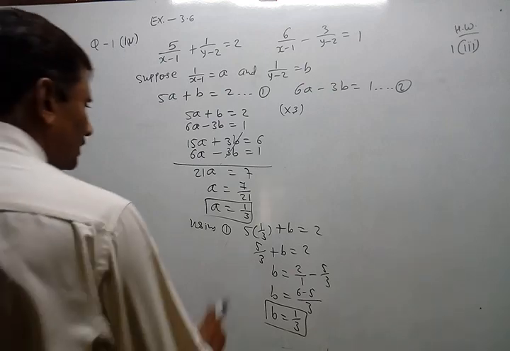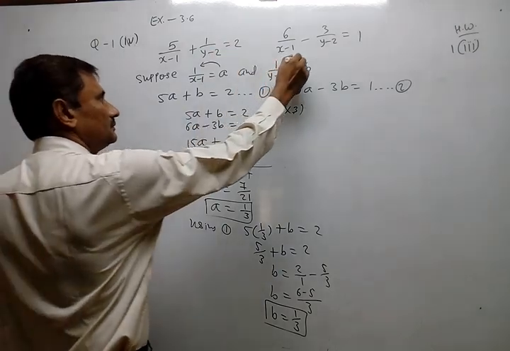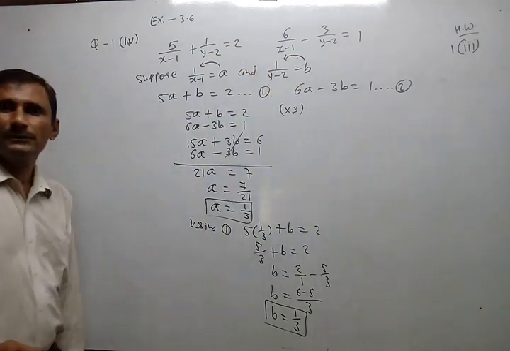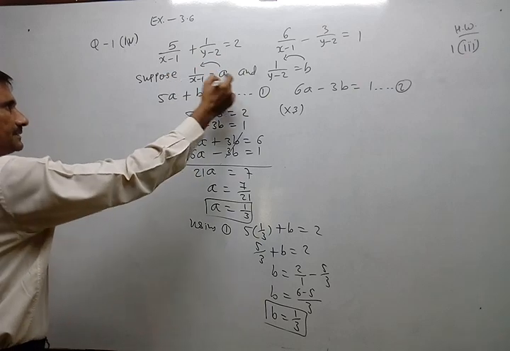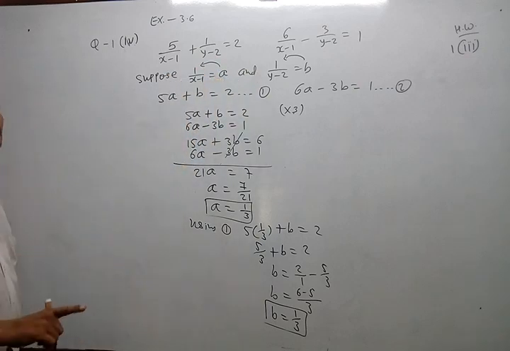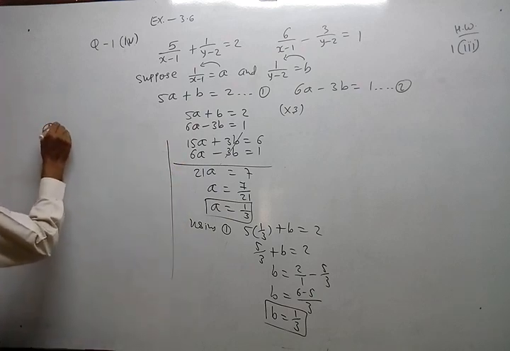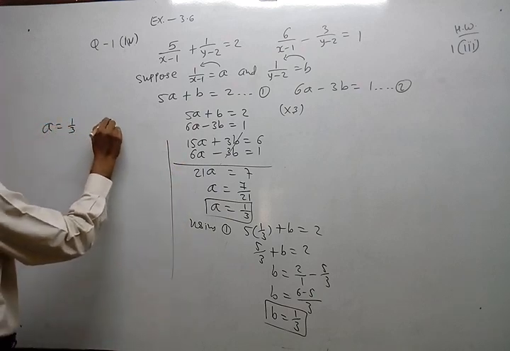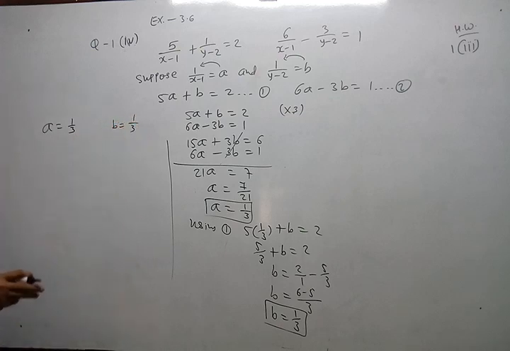Now replace a and b by their real values. Just replace a by 1 upon x minus 1 and replace b by 1 upon y minus 2. So write down first of all a equal to 1 by 3, b equal to also 1 by 3. Both are 1 by 3.